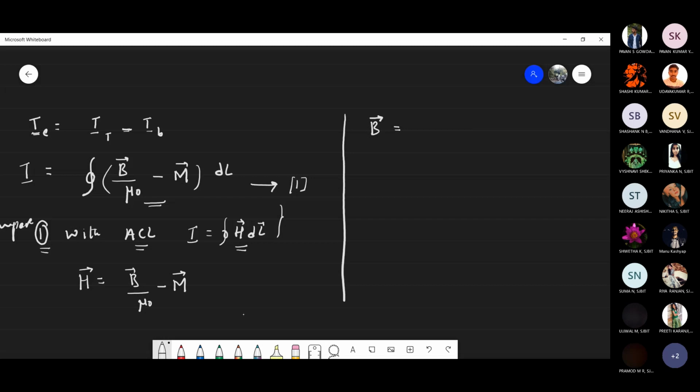So B is equal to mu naught H plus mu naught M. So if I take mu naught constant, it will be H plus M. So B is equal to mu naught (H plus M).